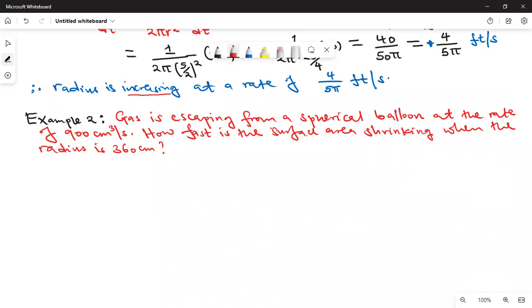These are question marks. So let's follow the 4 steps.